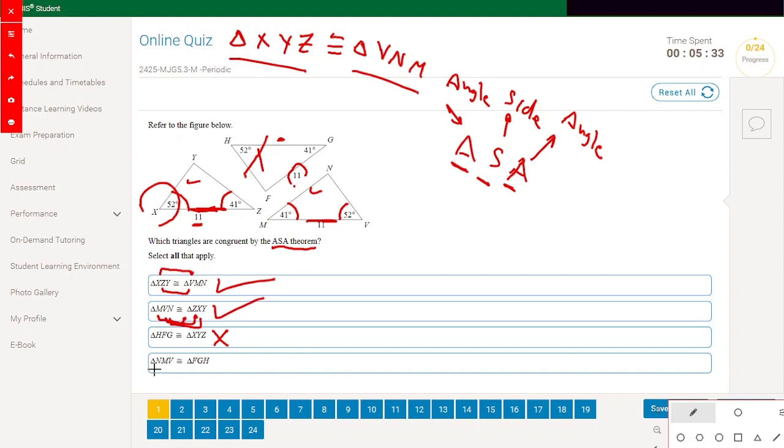And triangle NVM congruent with FGH is also the wrong answer because the angle side angle is not here in triangle HFG, so it will not be congruent by ASA theorem. Okay?